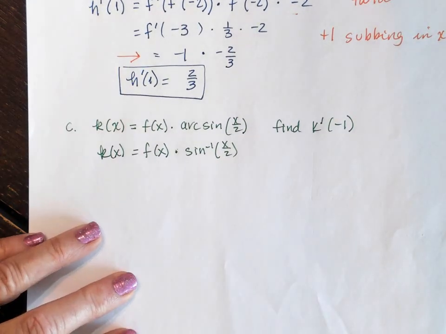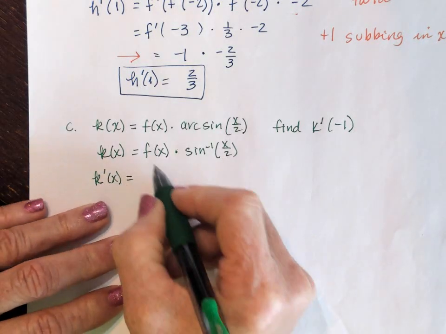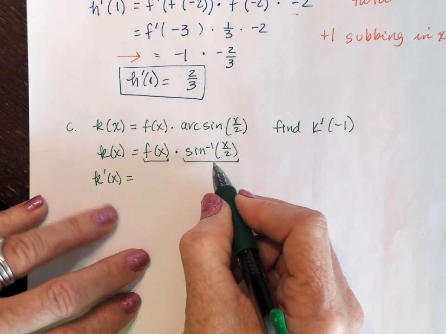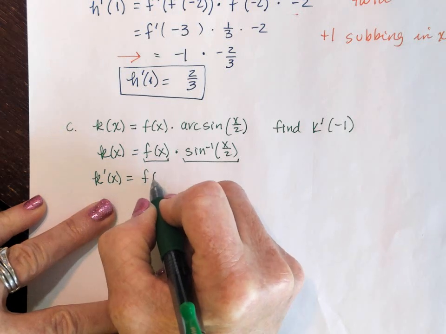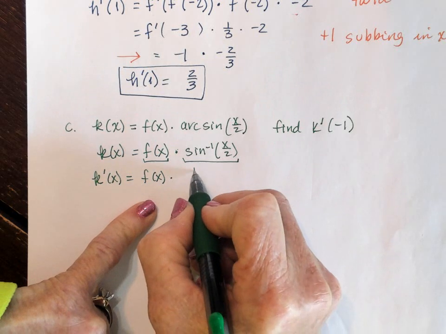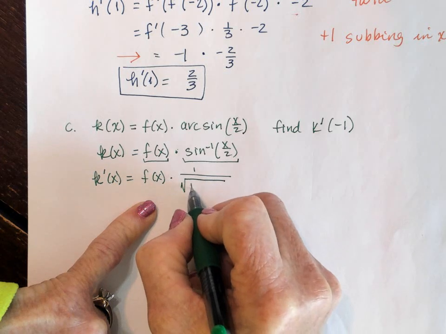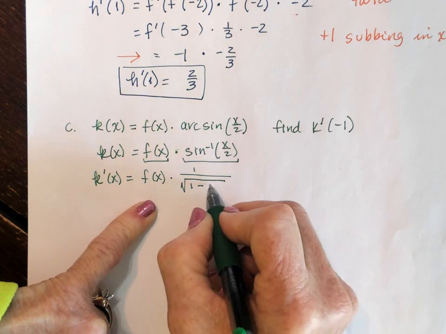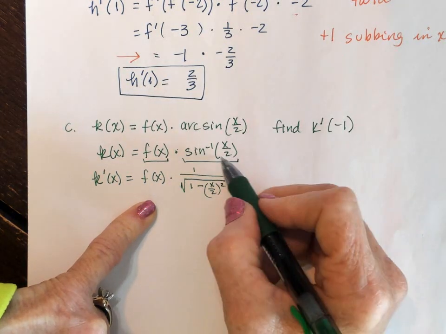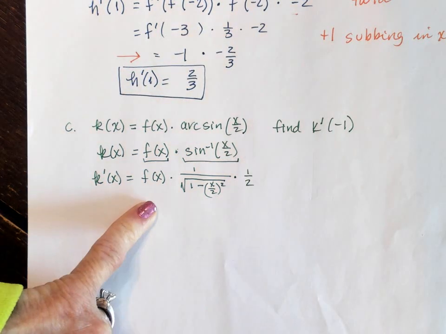All right, so let's go ahead and do the derivative here. K prime, we have a product rule first, second, and then a chain rule within this one. Oh boy. So first function, f of x times the derivative of that inverse sine, and the derivative of an inverse sine is 1 over square root of 1 minus the u, or the inside squared, so x over 2 squared, times the derivative of the inside, and the derivative of that x over 2 is 1/2.